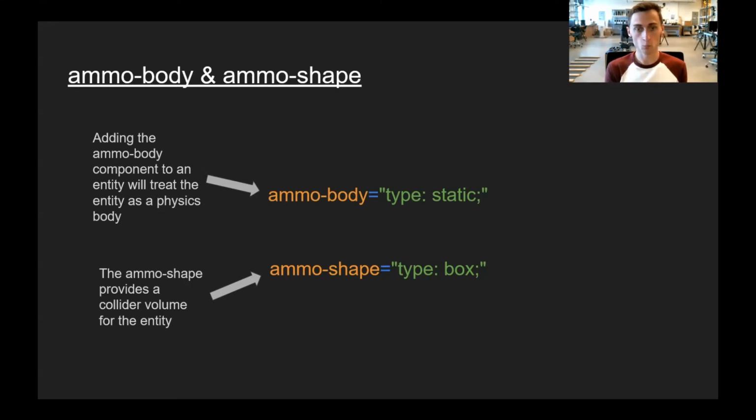So whenever anything with physics intersects, like if one ammo shape intersects with another ammo shape, then they're going to collide or interact in some way. And you can even use JavaScript to define how they interact with each other. I think the example on one of the documents or web pages that I provide at the end of the slides actually gives you an example of adding an explosion. So when two objects collide, one of them will explode.